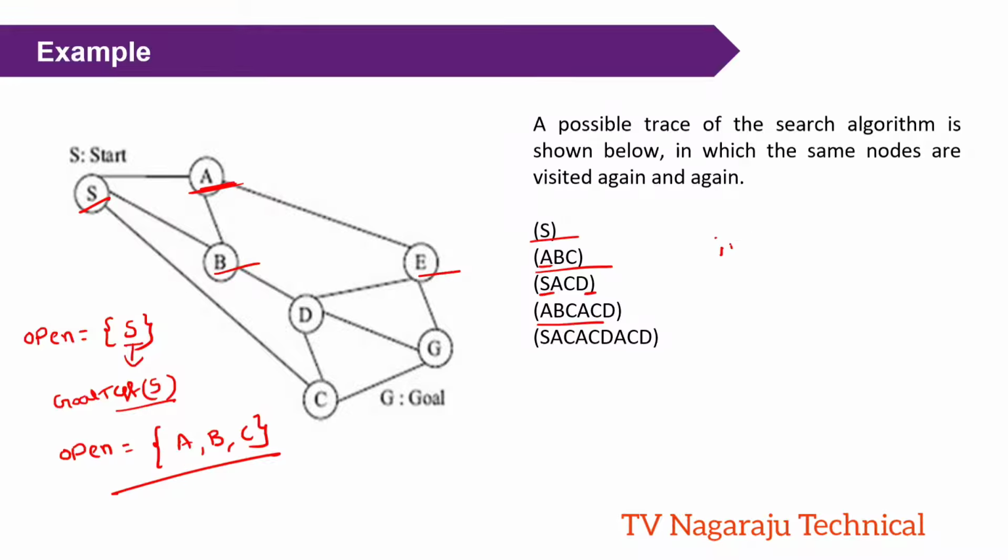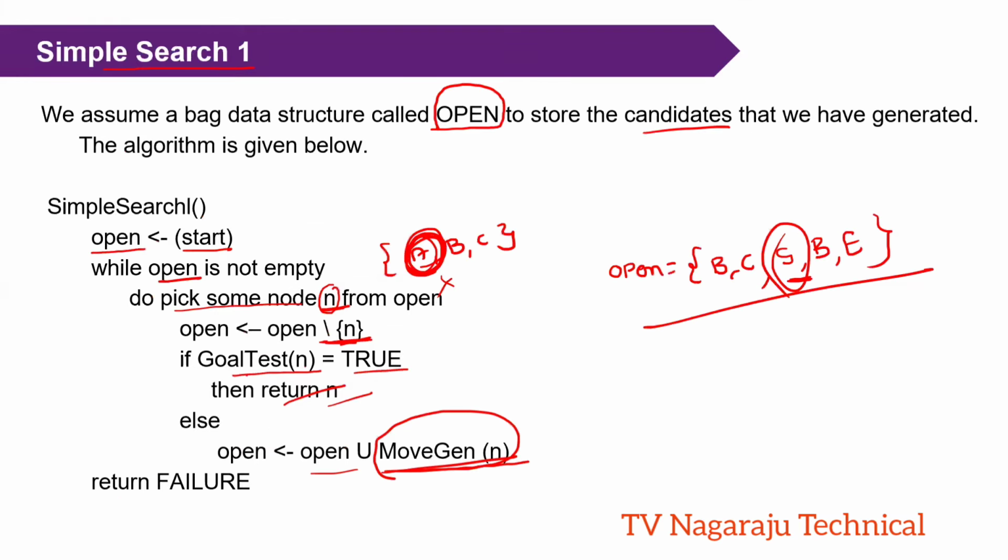Expanding repeatedly leads to an infinite loop. The problem in this algorithm is that if a state is visited, you must remove it, that is, from the next time onwards, you need to avoid such a state.